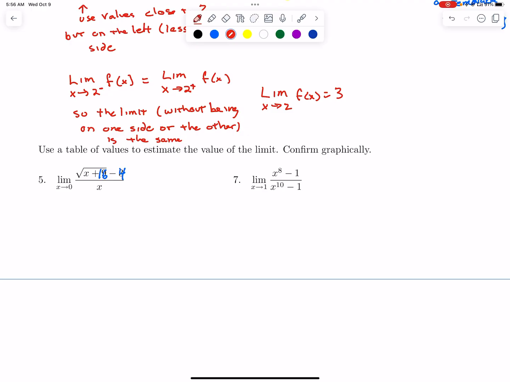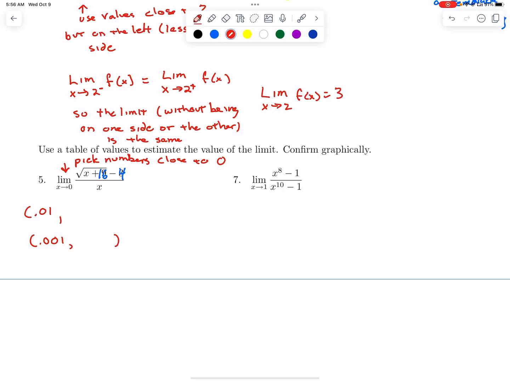What you want to do is pick numbers really close to 0. I guess what I did was 0.01 and 0.001, but you have to remember to try it from both sides.